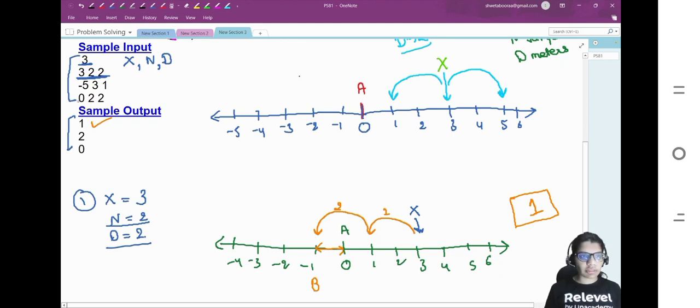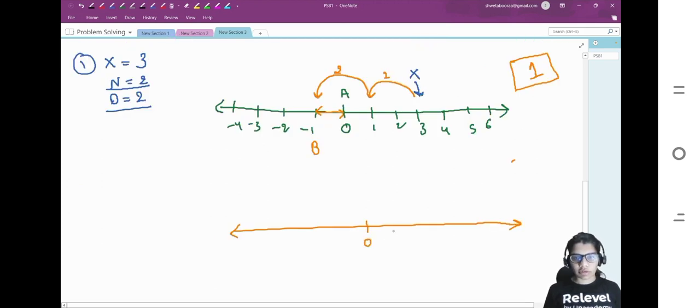Then let's check out the other case in which your X is minus 5, N is 3, and D is 1. Here, let's say this is your axis: 0, 1, 2, 3, 4, 5, minus 1, minus 2, minus 3, minus 4, minus 5.